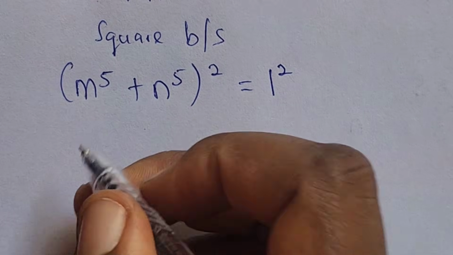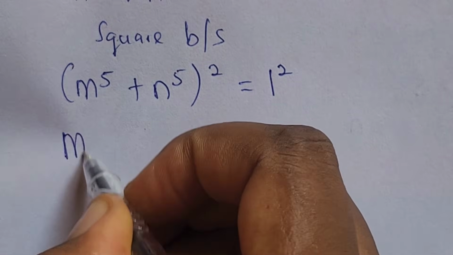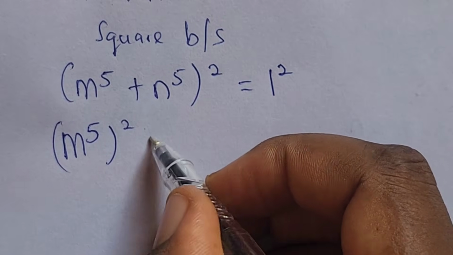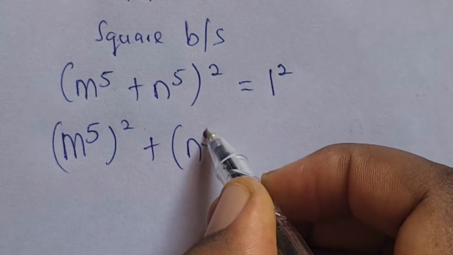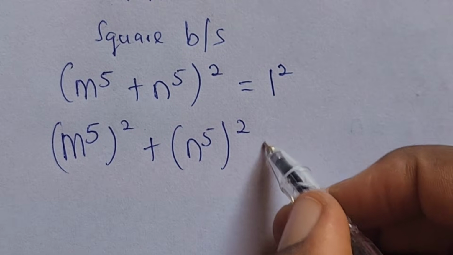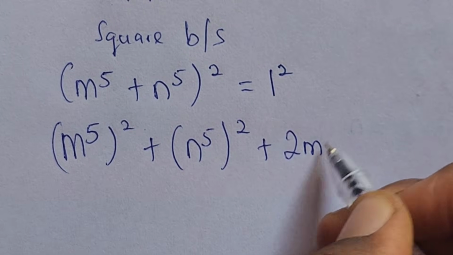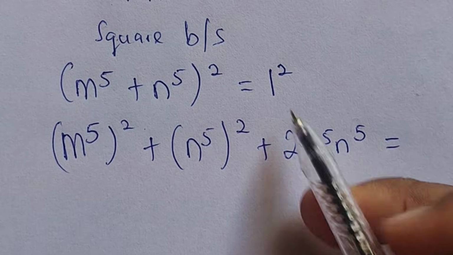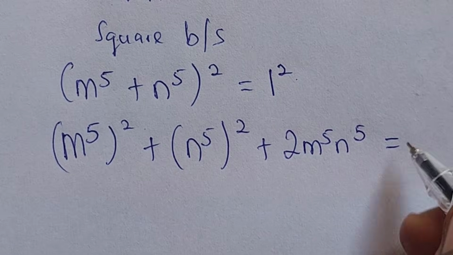So when we expand this, we have m to the power of 5 all squared plus n to the power of 5 all squared plus 2 times m to the power of 5 times n to the power of 5, and is equal to our 1 squared is equal to 1.